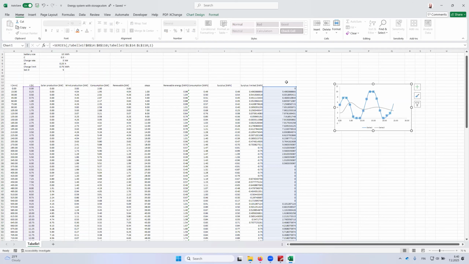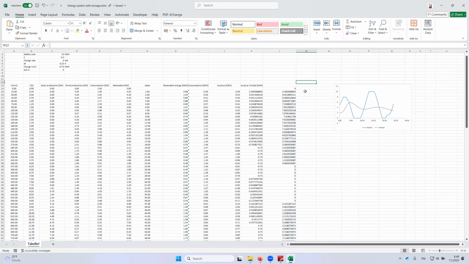That's the battery state of charge. Yeah, so it behaves in a reasonable way.